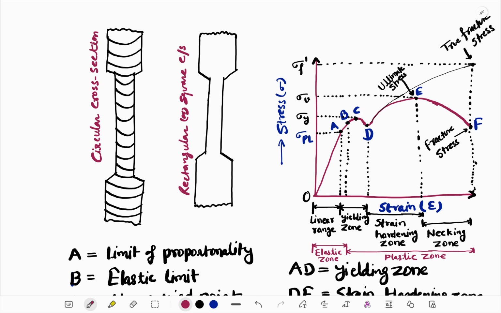Here point A is called the limit of proportionality. When, due to application of load, the material attains this point, the stress at the proportionality limit, then after removal of load the specimen or material is able to regain its original shape and size.